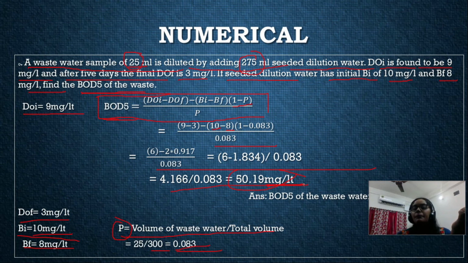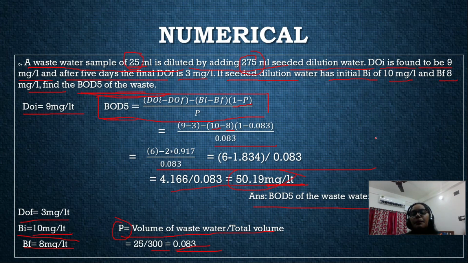BOD is the amount of dissolved oxygen consumed during the reaction, so that is why the unit of BOD is milligram per liter. That means the BOD 5 of the wastewater sample is 50.19 milligram per liter.